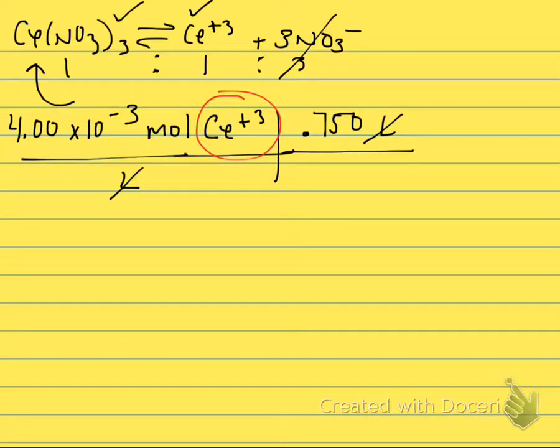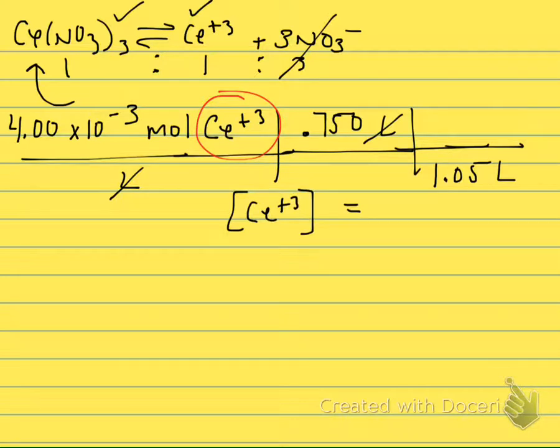If we want to know how many moles per liter we have in the new additive solution, we need to get the liters back again, and so I put that additive volume on the bottom. And now I can get a molarity of my Ce plus 3 that is now in solution. And that value is going to be 2.86 times 10 to the negative third molar.